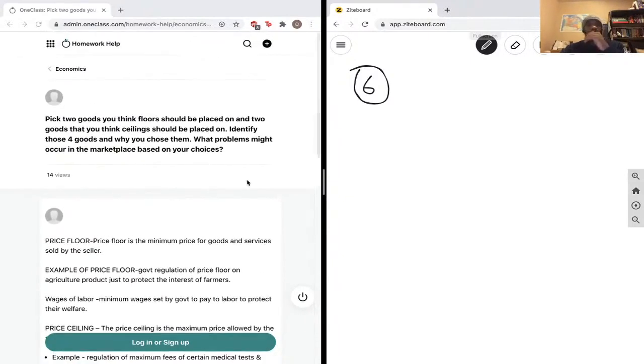So, first of all, price floor. And we'll just copy this definition again.